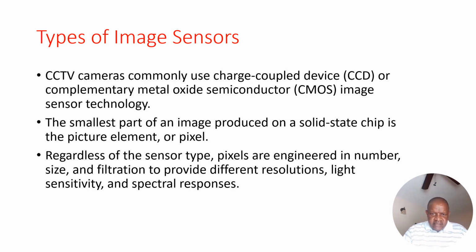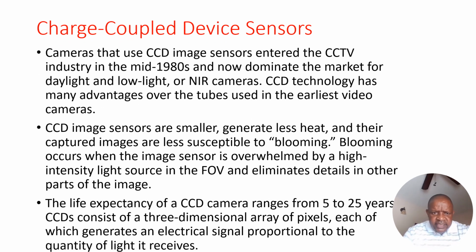Regardless of the sensor type, pixels are engineered in number, size, and filtration to provide different resolutions, light sensitivity, and spectral responses. You need to read more about image sensors on your own and gain more detailed knowledge about what we are talking about.